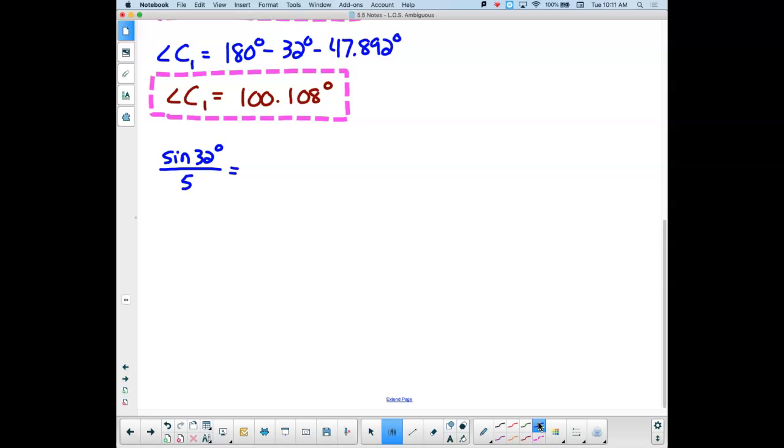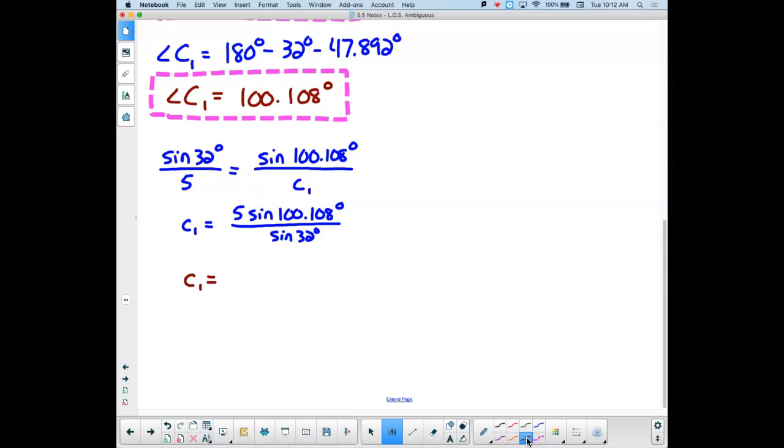Yep, 5 equals the sine of 100.108 degrees all over my first side C. So I get side C sub 1 as 9.289. Unfortunately, we're only half done.